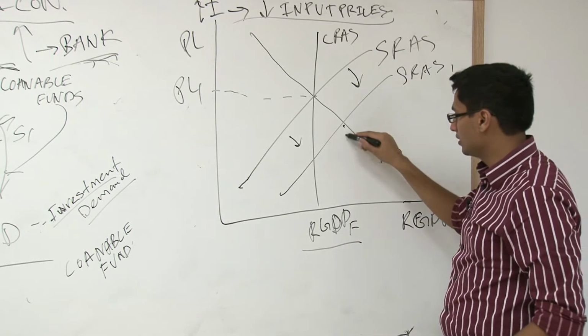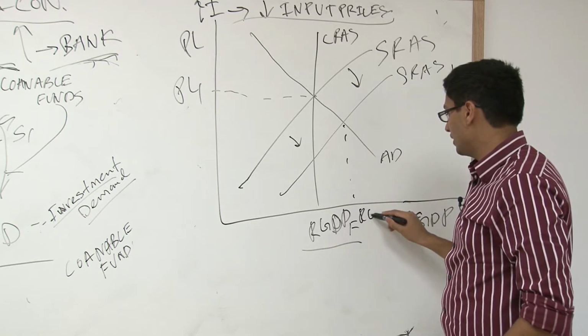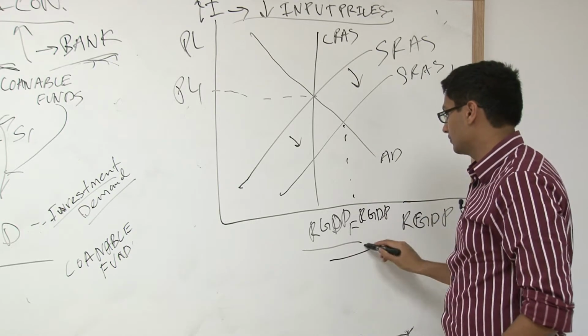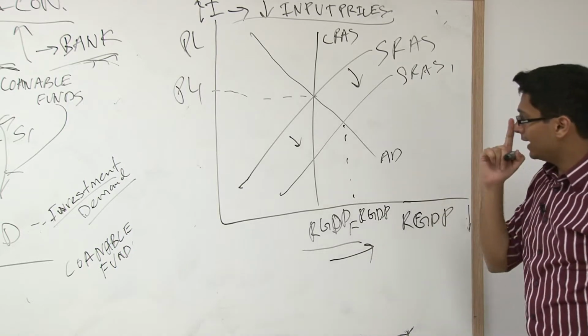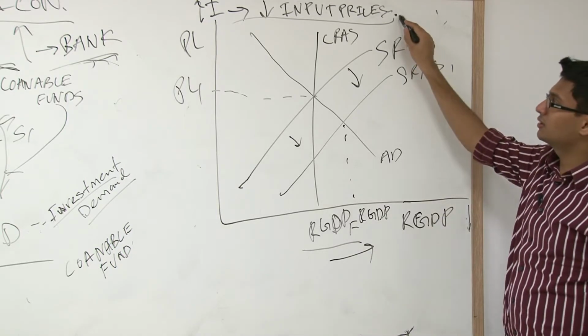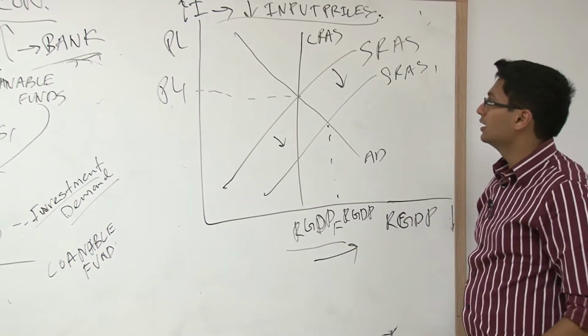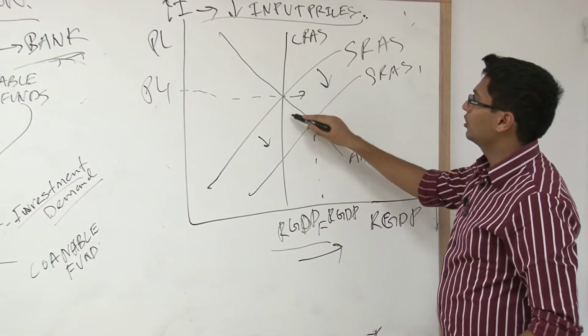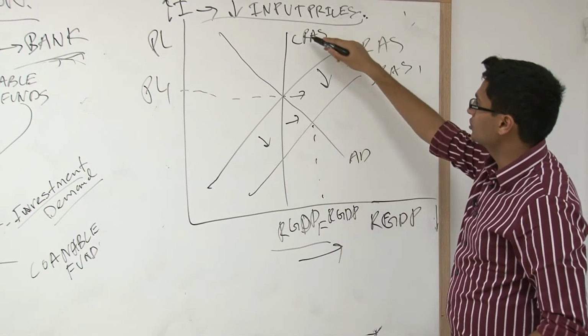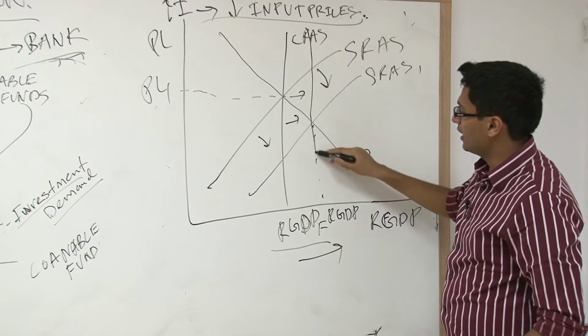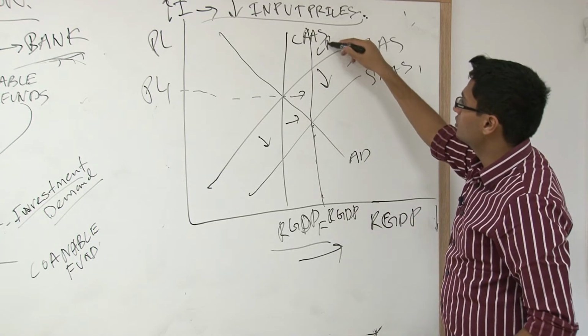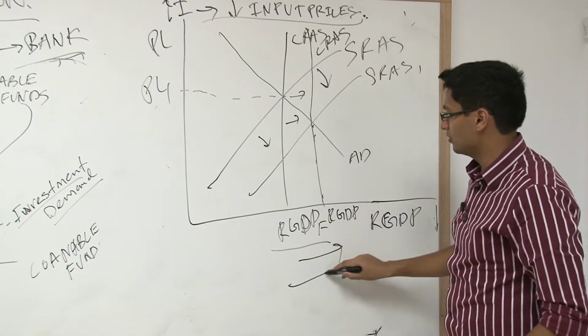Now watch what happens here: my RGDP actually shifts to the right. And if these input prices have come down permanently, what's actually going to happen is that your LRAS is going to follow suit, and it's going to move right as well. And so your full employment actually moves to the right as well.